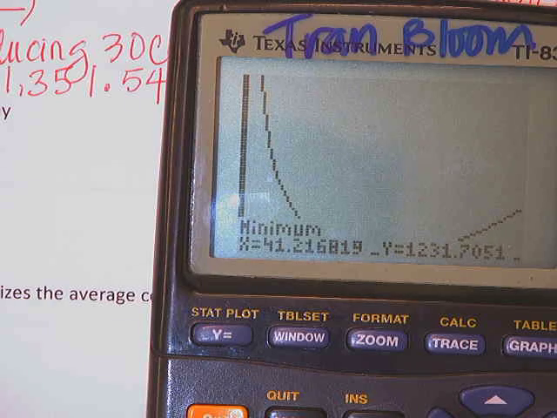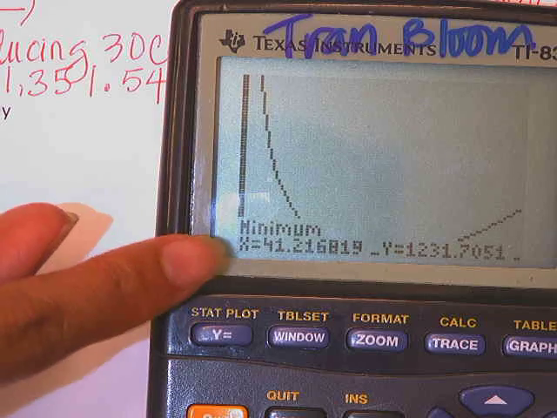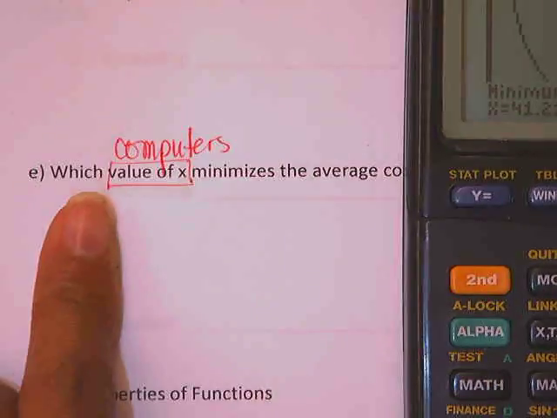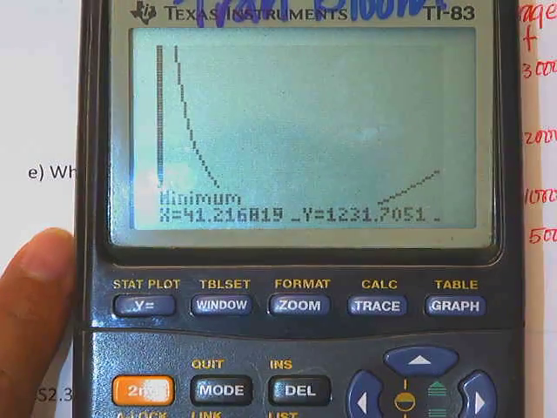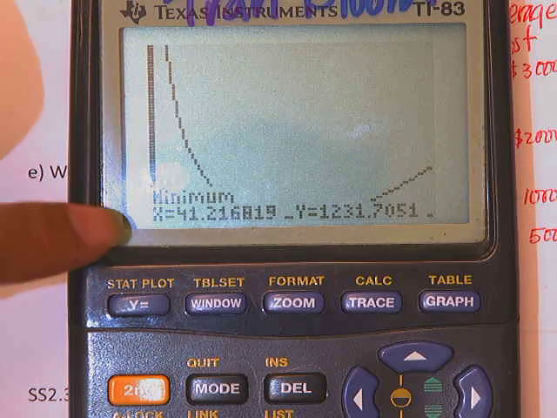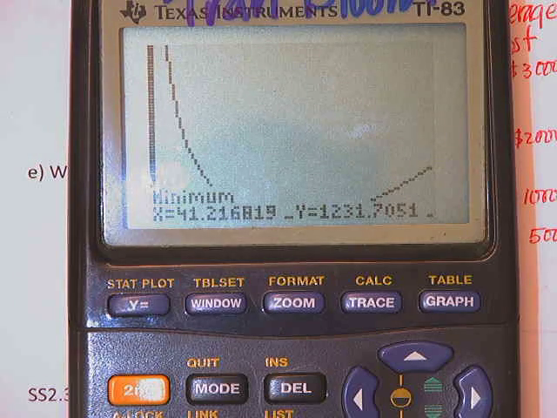Alright, so check this out. It's prompting two numbers. One is an X, and one's a Y, okay? Remember, the question says, which value of X minimizes the cost? So which one should we use to answer our question? Remember, what value of x, right? So x is going to be this one. Well, we can't produce 41.22 computers, so you're going to round it to whole computers, okay?